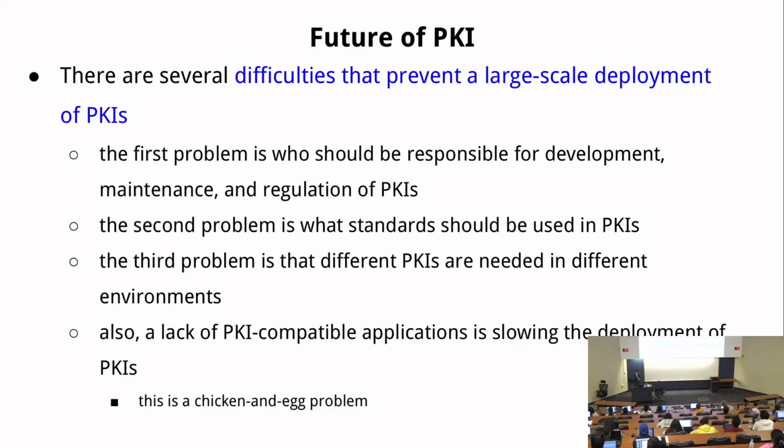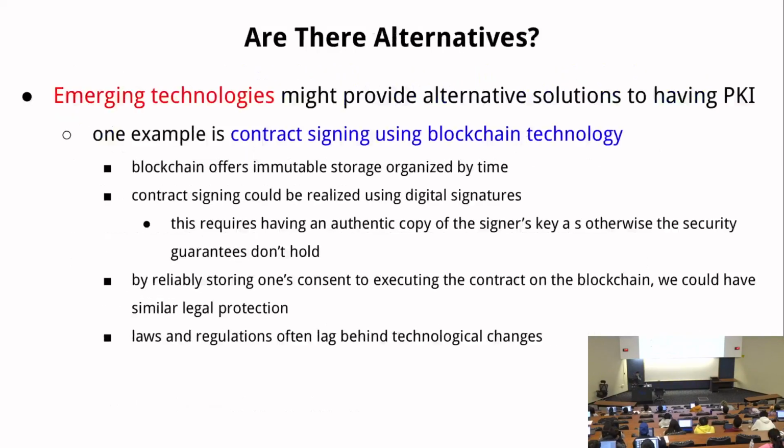PKI is something we use every day, but the strict hierarchical model where the world has only one root CA obviously does not fly. We're not using something like that. Recently, the advent of blockchain has been changing the landscape a lot.